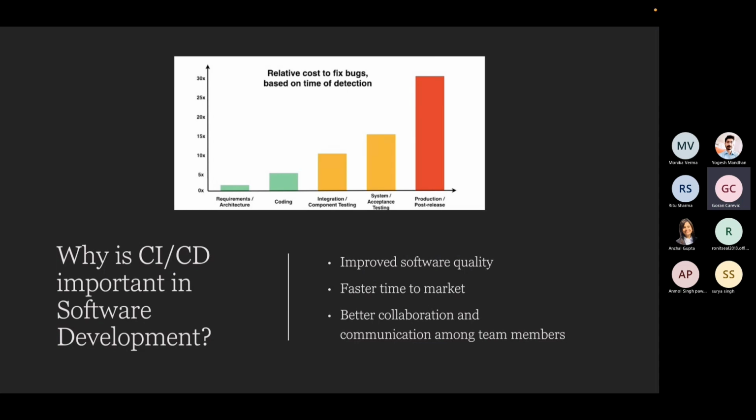Also, one of the biggest benefits of CI/CD is improved software quality. By integrating code changes into the code repository multiple times a day and automating a lot of the software development lifecycle, such as building, testing, and deployment processes, as I said before, teams can resolve issues earlier in the development process. Another key benefit of CI/CD is faster time to market.